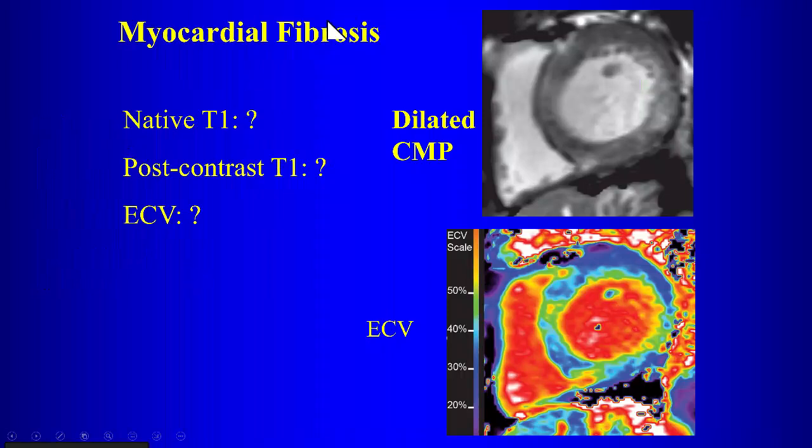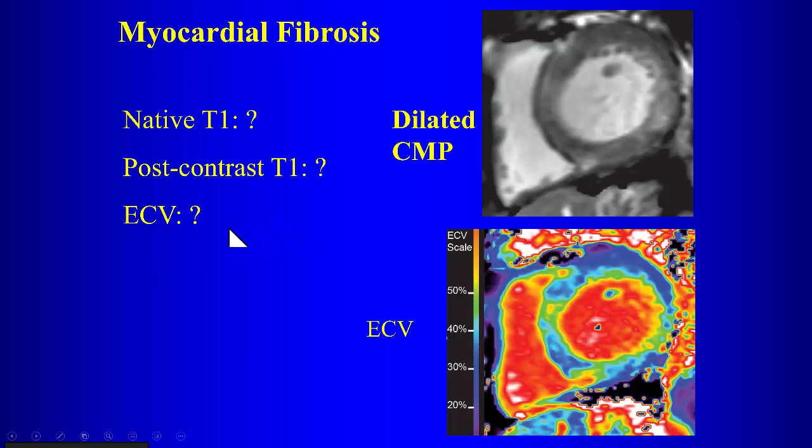So if we have myocardial fibrosis, what happens to the native T1 time? It goes up. What happens to the post-contrast T1 time? It goes down, right? Pathology usually holds on to gadolinium, which will shorten T1. And what happens to the ECV?